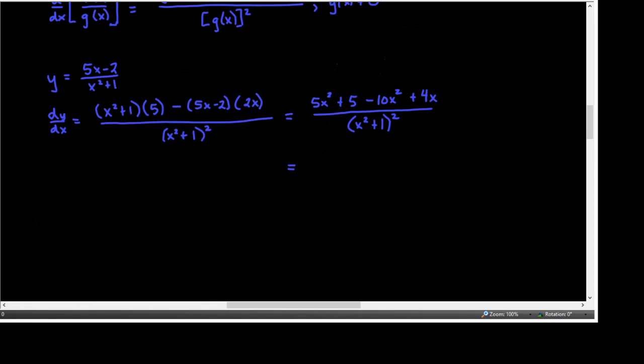So I'll always try to leave these in factored form. Okay, combining like terms, I have negative 5x squared plus 4x plus 5 all over x squared plus 1 quantity squared.